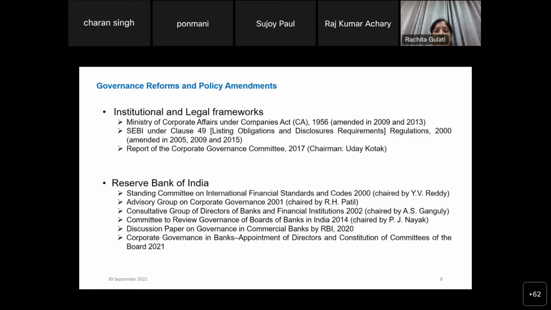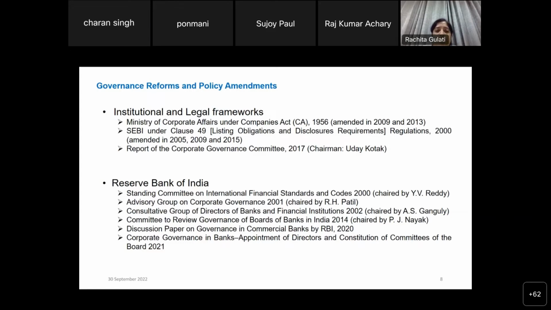As per the recommendation of the P.J. Nayak committee, the Banks Board Bureau was constituted for the appointment of directors on the boards of the PSBs, which was recently renamed the Financial Services Institutions Bureau in 2022, and has extended the scope to include other financial institutions along with the banks.